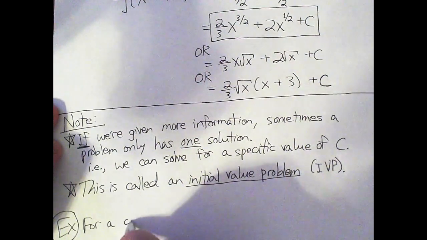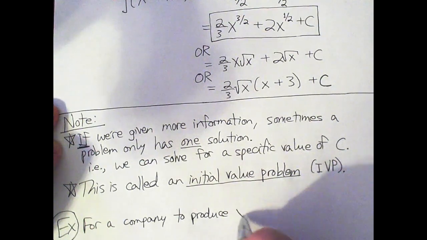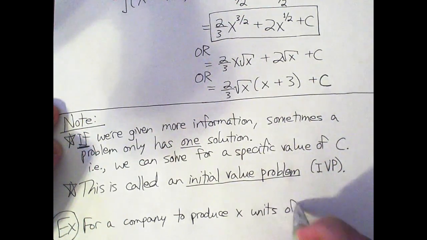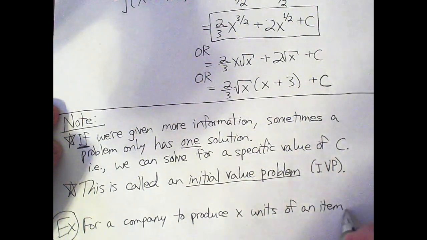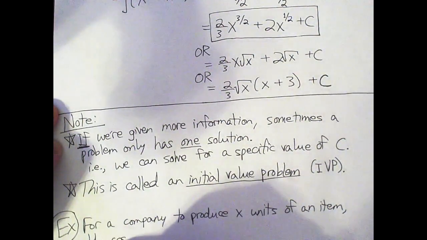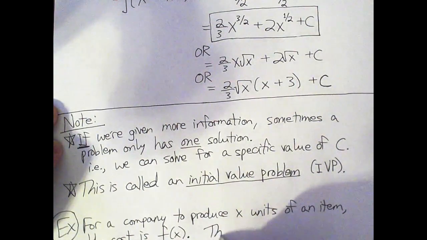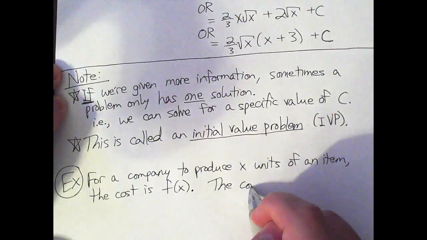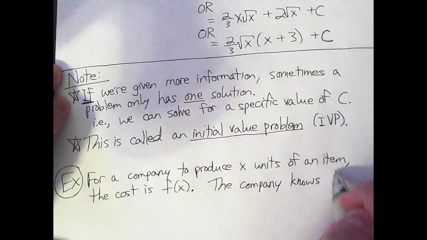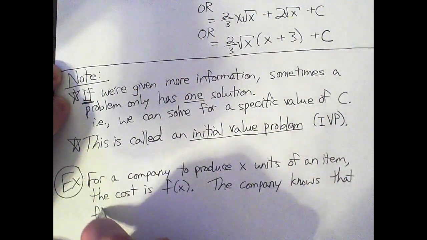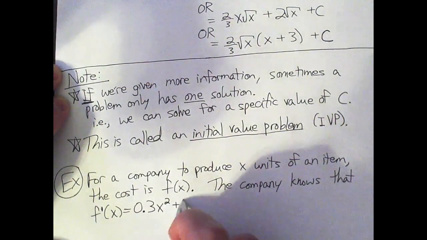It's a word problem. For a company to produce x units of an item, the cost is f of x. The company knows that f prime of x is 0.3x squared plus 4x.